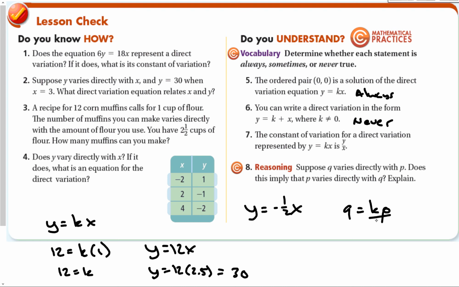Also, if we want to move this to the other side, we can have 1 over k times Q is equal to P. So yes, they are both direct variations of each other with reciprocal constants of variation. Okay, and that is 5-2, direct variations.